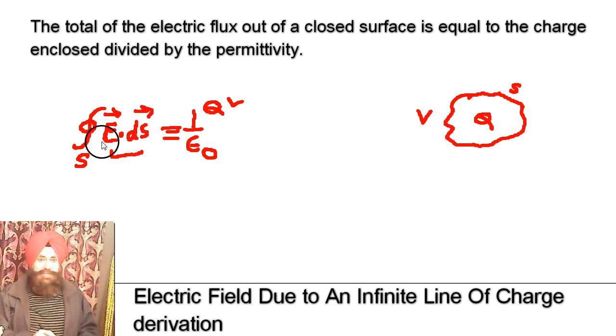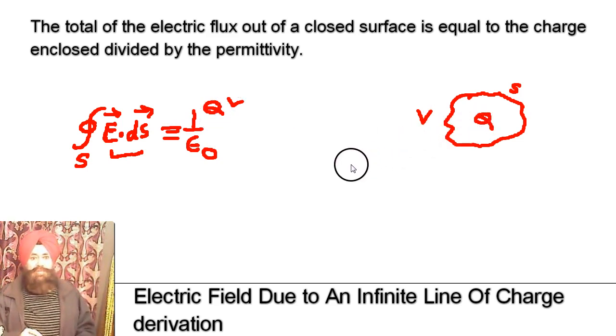This total flux through the closed surface over volume V is 1 over epsilon naught times the charge enclosed.